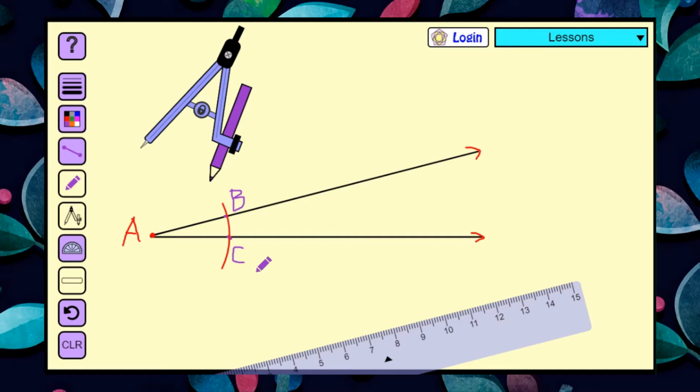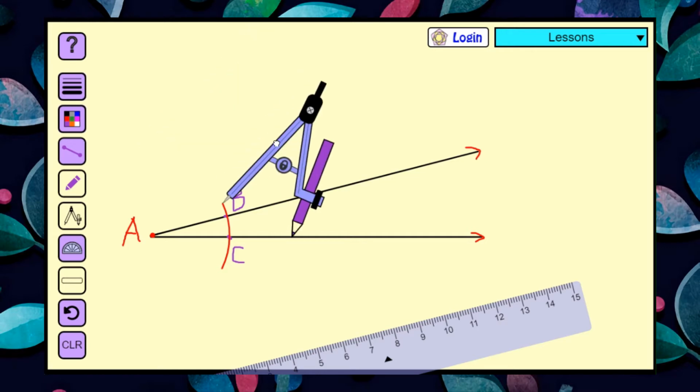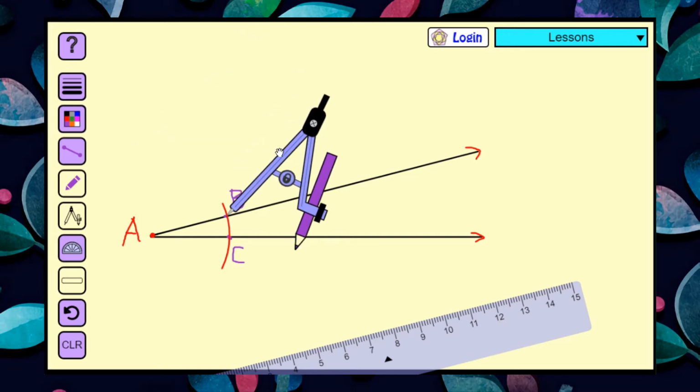Then, susunod na step, after natin i-label ang mga intersections, we gonna use B as the center and with radius more than half of the measure of angle A, and then draw an arc.